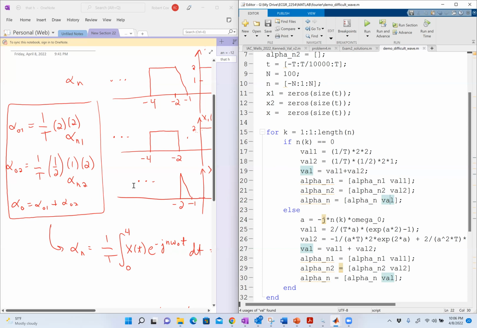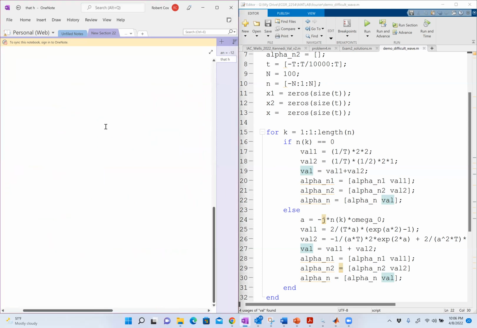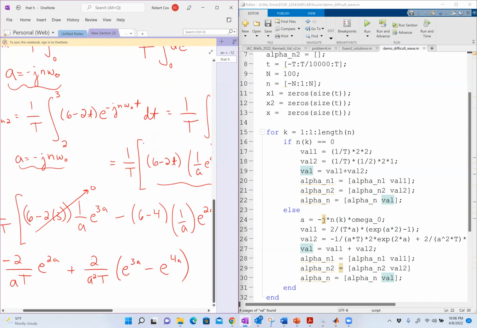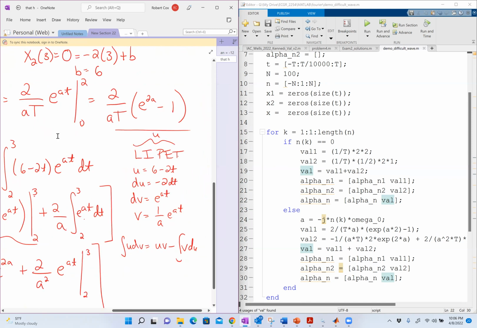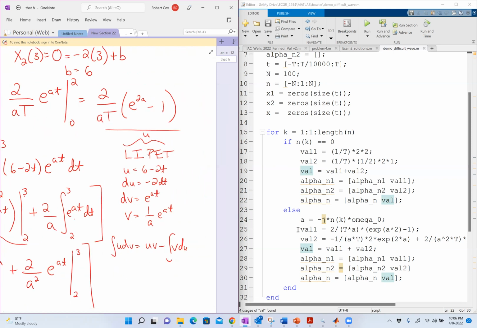Now where it gets trickier is when I come over here and look at alpha n1. Val1 is what I call alpha n1. Notice that at the beginning of this statement, I defined a equals -j times n, and specifically n of k, because n is a vector for me, so n of k is a specific value of n.